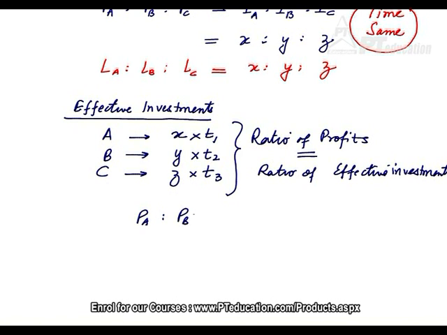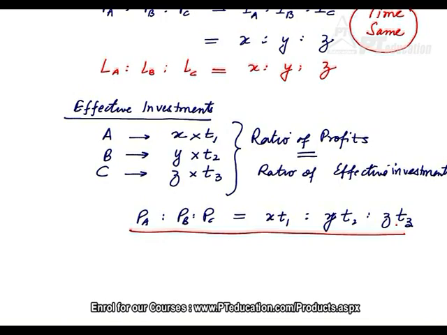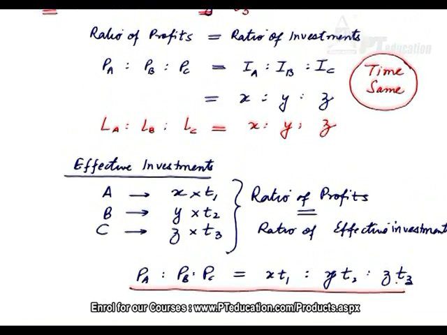So, profit of A is to profit of B is to profit of C will be X T1 is to Y T2 is to Z T3. I hope that this logic is very clear to everyone.